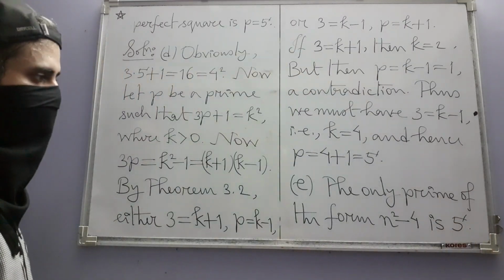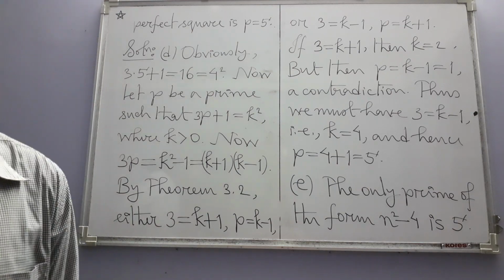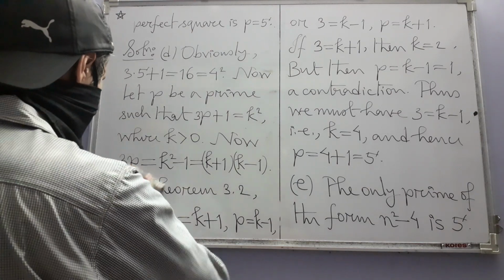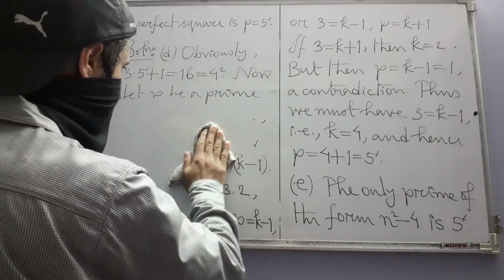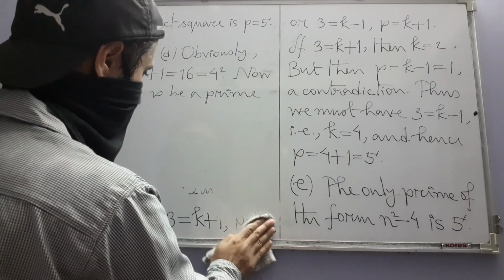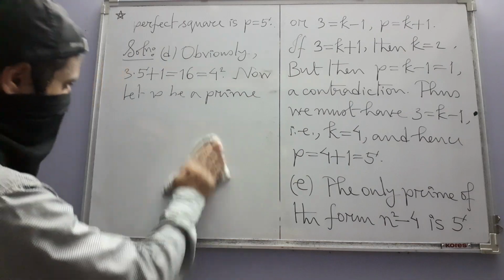And I will not solve this fully, I will just give you the hint. By now, I hope you can see how to go about solving this type of problem.